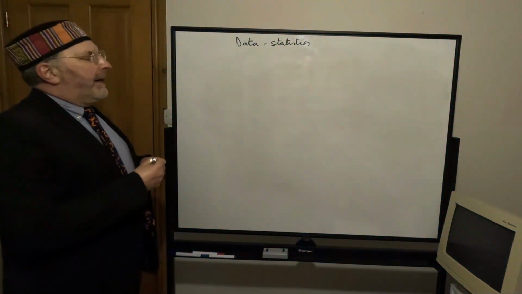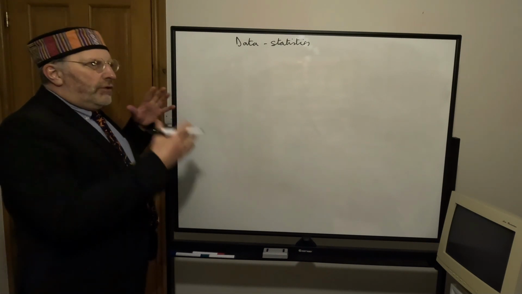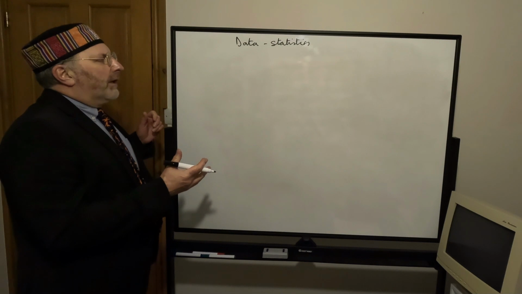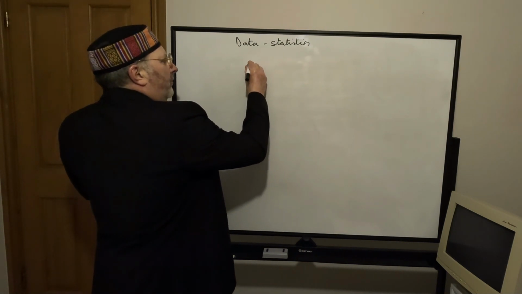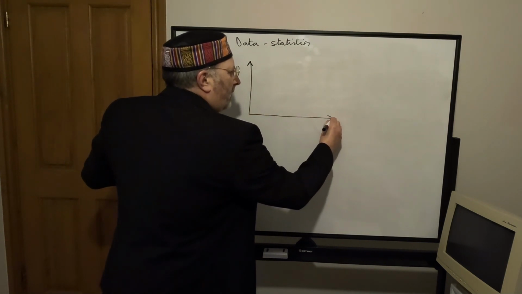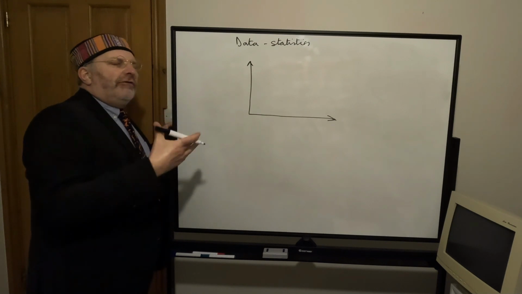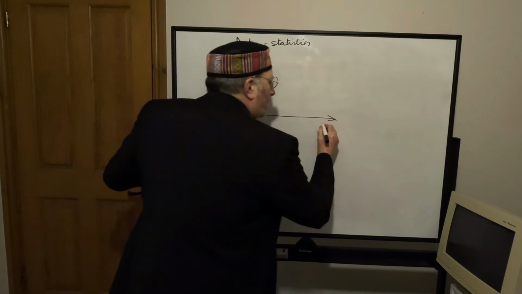Another common situation we might get is when we're looking at the relationship between 2 variables that are of interest to us. I'm going to take the example of crime in cities. We might be interested in whether criminality increases with the size of a city's population.